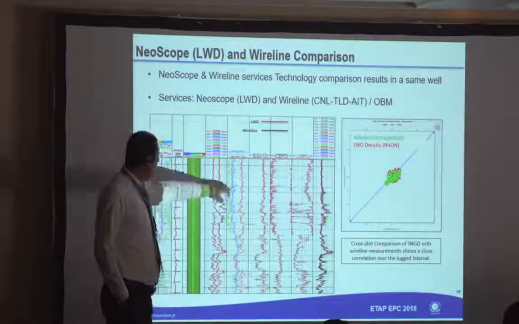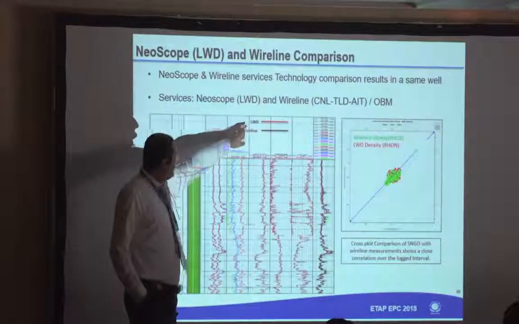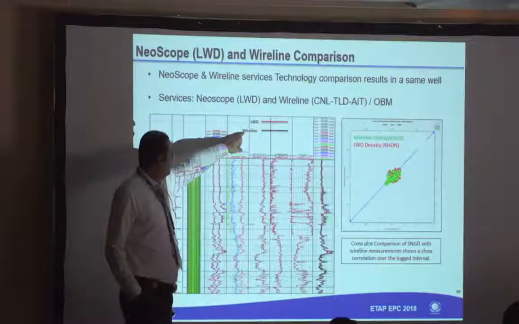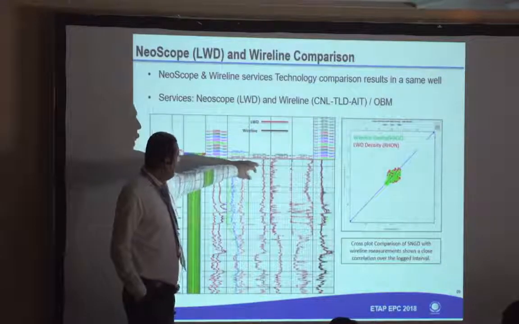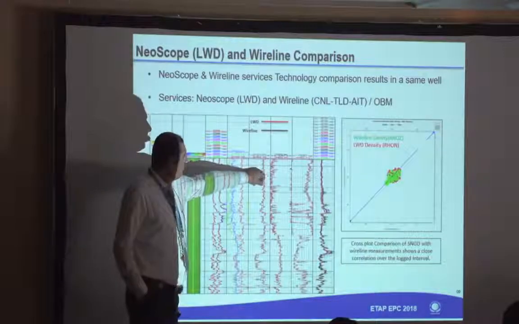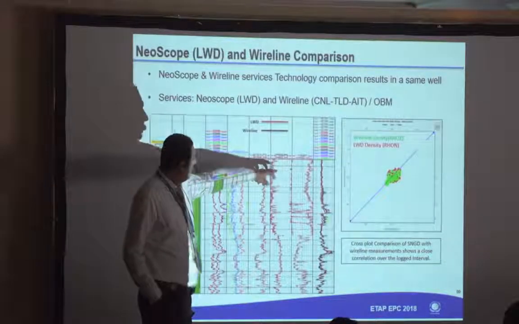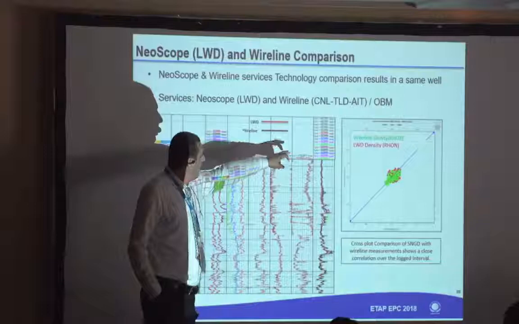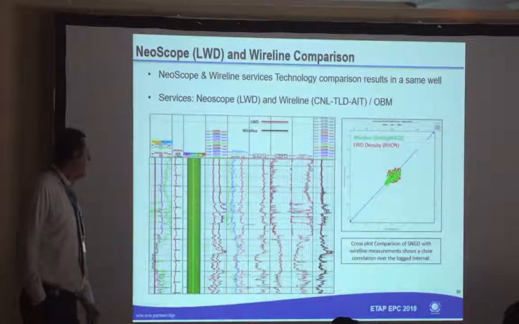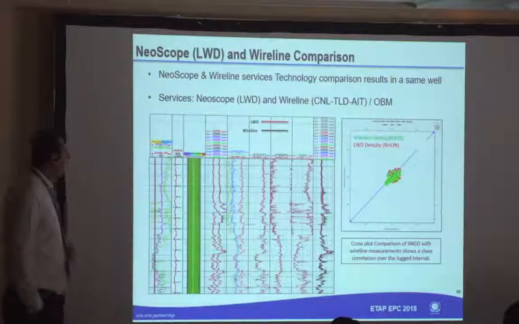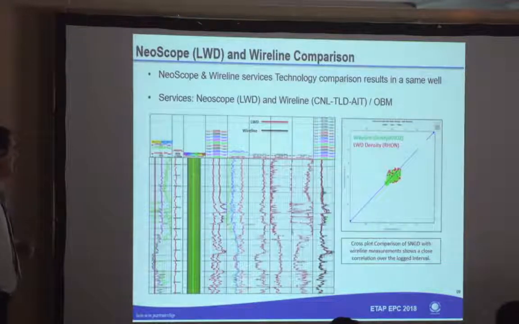You can see that the tool is in red and the wireline is in black. This is the density, this is neutron, and this is the gamma ray, sorry. Then this is the resistivity from the tool and wireline. Also, the projection of the density from the tool and wireline gives the same overlay.